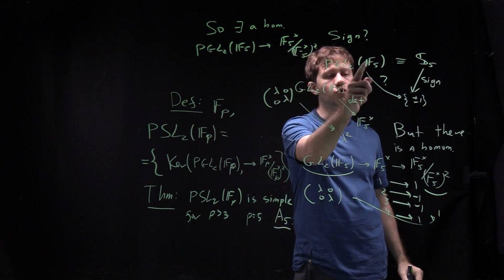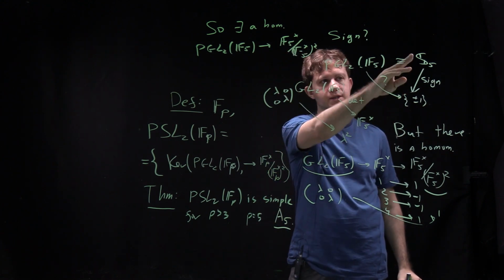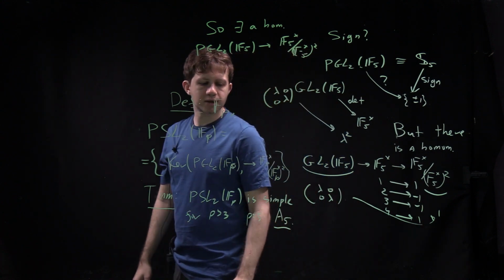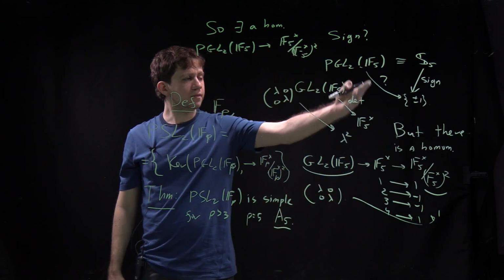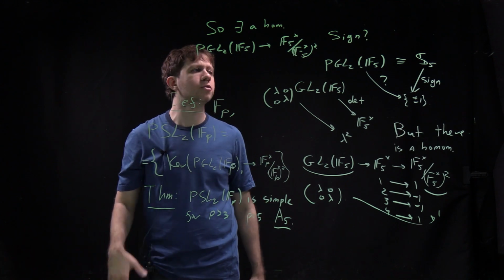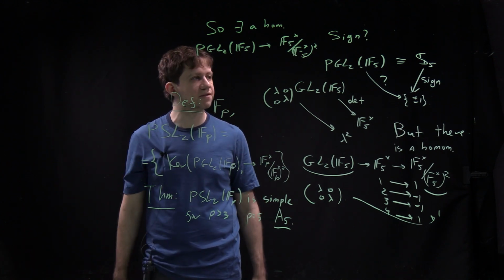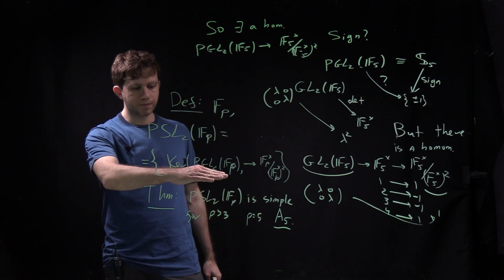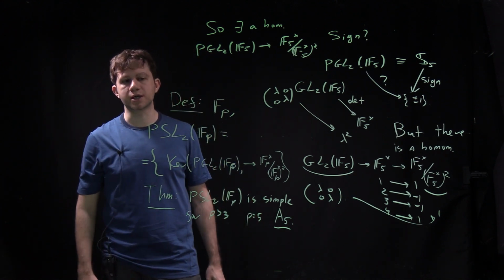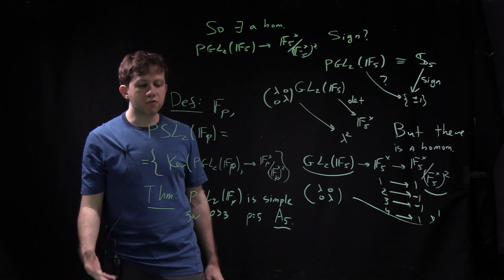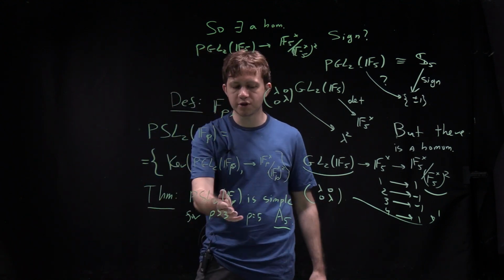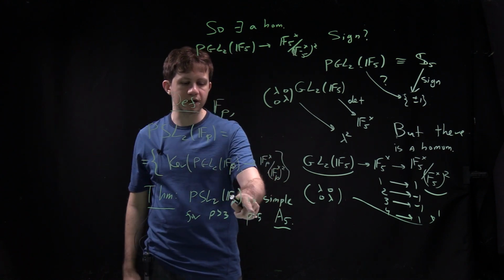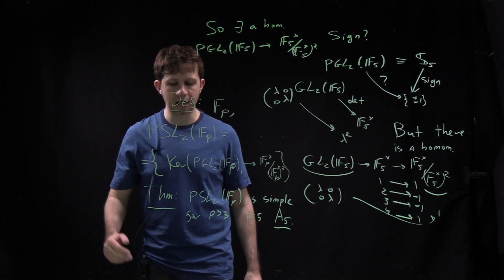By the way, you need to prove that that's the case, and I have not proven that sign is the same as the determinant, but one can do that. The reason is, you can just argue that it's a map from S5 to a group of order 2, so the kernel has to be a subgroup of S5 of index 2, and there is just one. So that's why these groups are so interesting. They're simple. Before we had only one family of simple groups, just AN, and this is another. And they start to be different for p greater than 5, prime number.